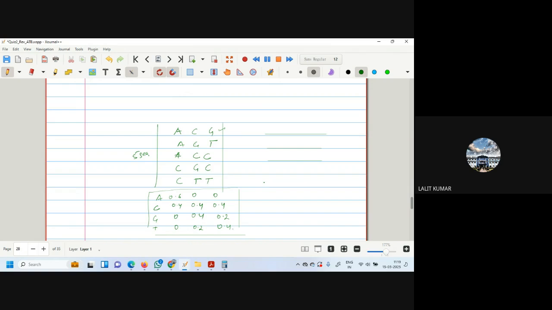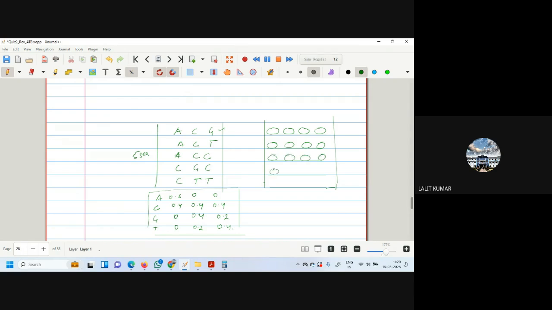Now we also have a sequence. This is the entire sequence, and the entire sequence will have many k-mers. For example, I'm taking 1, 2, 3, 4 k-mers.